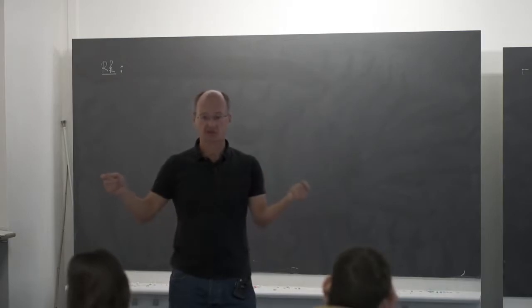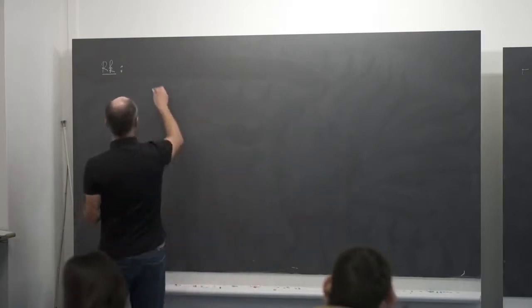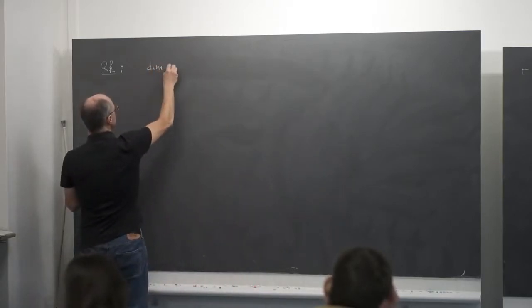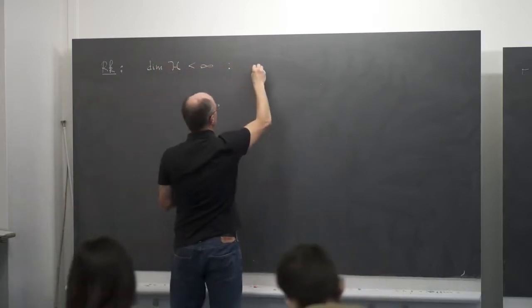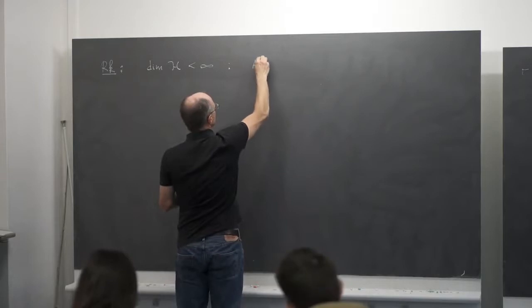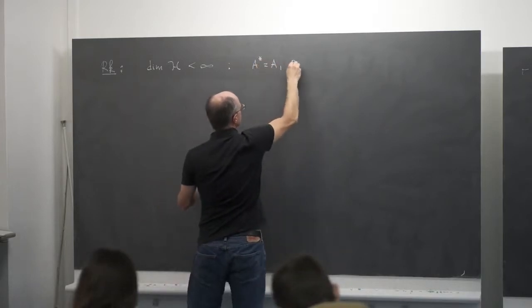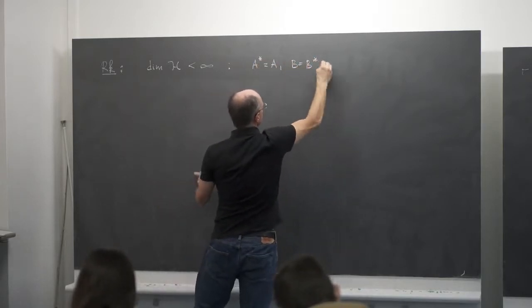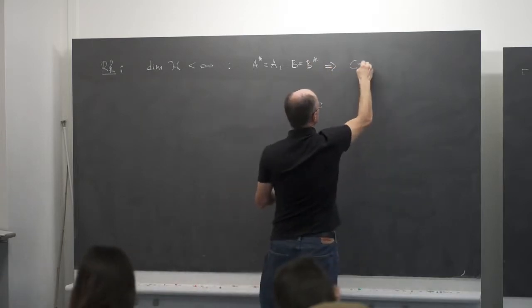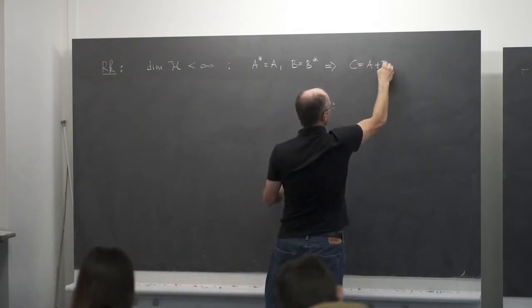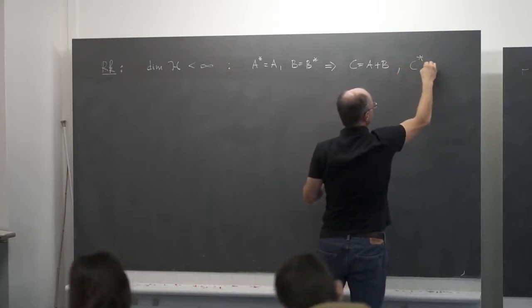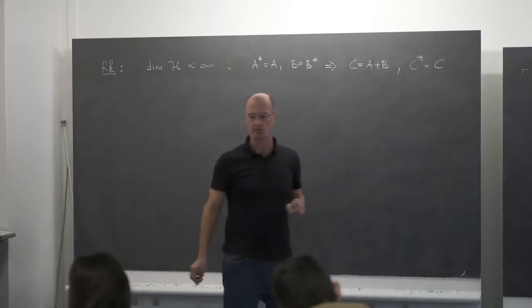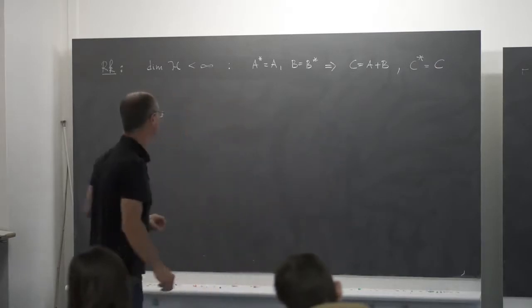You could add two observables: A self-adjoint and B self-adjoint. So this means that you can form a sum or some other linear combination, and this will be a new observable, a new self-adjoint operator.